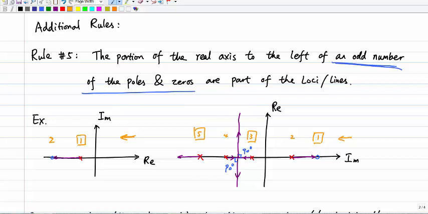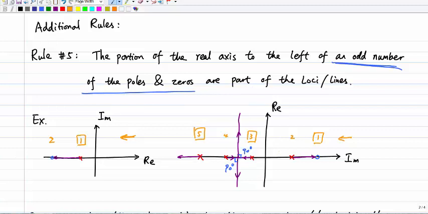For example, here I have 1 zero and 4 poles, basically. I can name them 1, 2, 3, 4, and 5. Then you find the odd numbers: 1, 3, 5. Now it says the left of an odd number of the poles or zeros is part of the locus on the real axis.